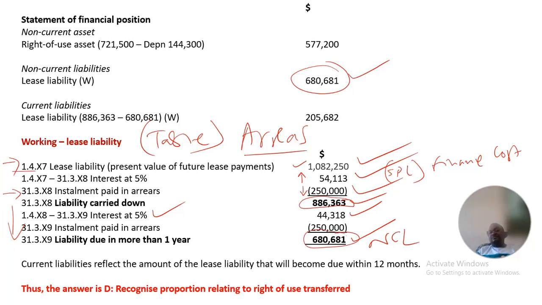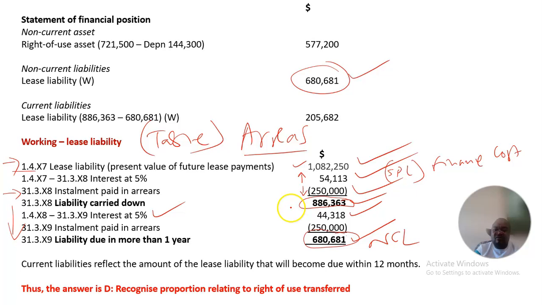Good. Now, what about the current liability? The current liability is very simple. You just have to deduct the closing liability at end of year 2029 from the opening liability, that is the closing liability at 31st March 2028.